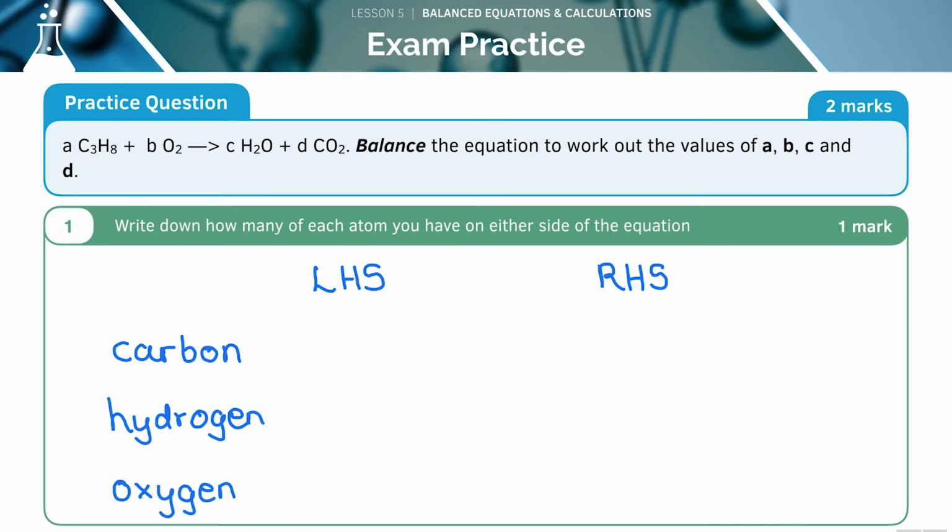So on the left-hand side of the equation, we've got 3 carbons, we've got 8 hydrogens, and we've got 2 oxygens. On the right-hand side of the equation, we've got 1 carbon, 2 hydrogens, and 3 oxygens.